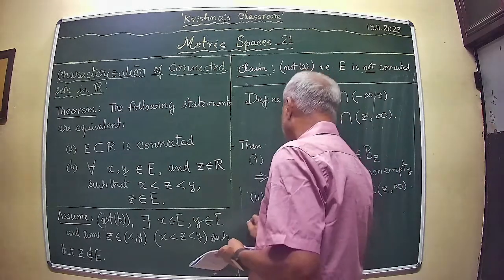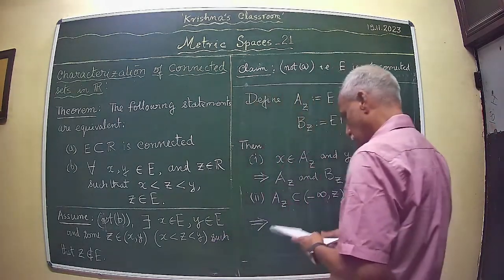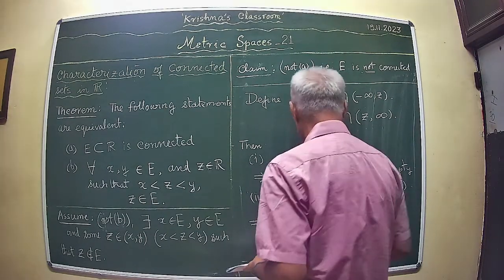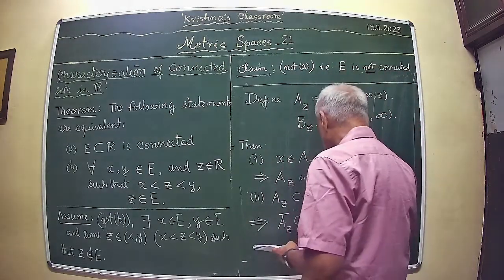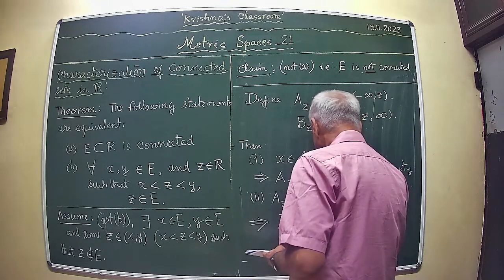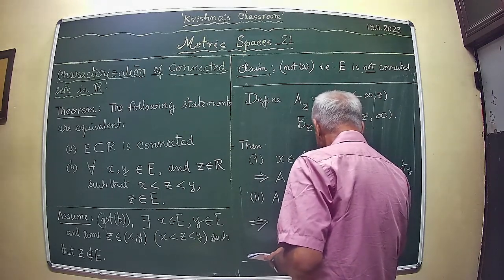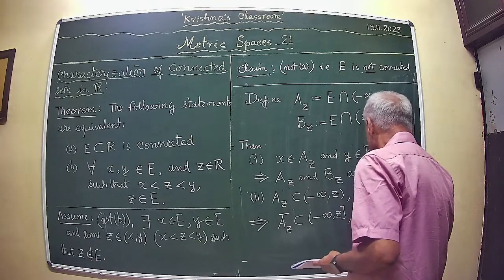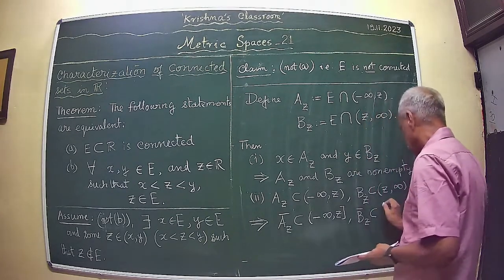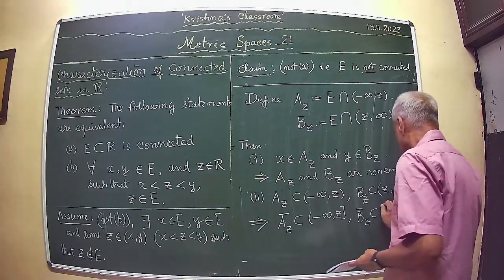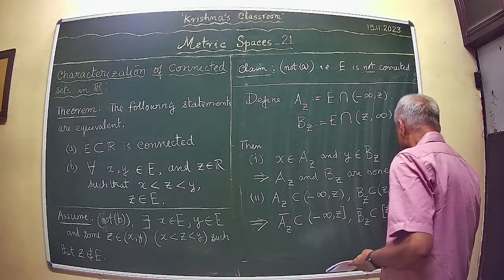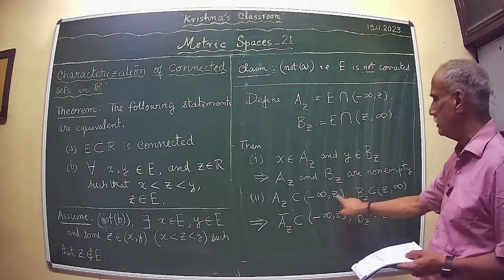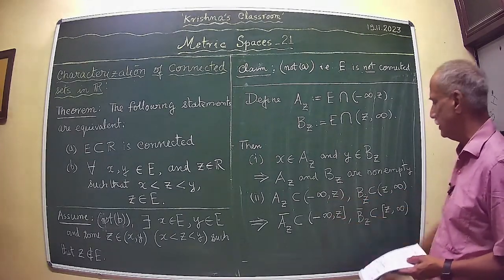And that implies the closure of A_z is contained in (minus infinity, z], and the closure of B_z is contained in [z, infinity). That means these points also get included in this.